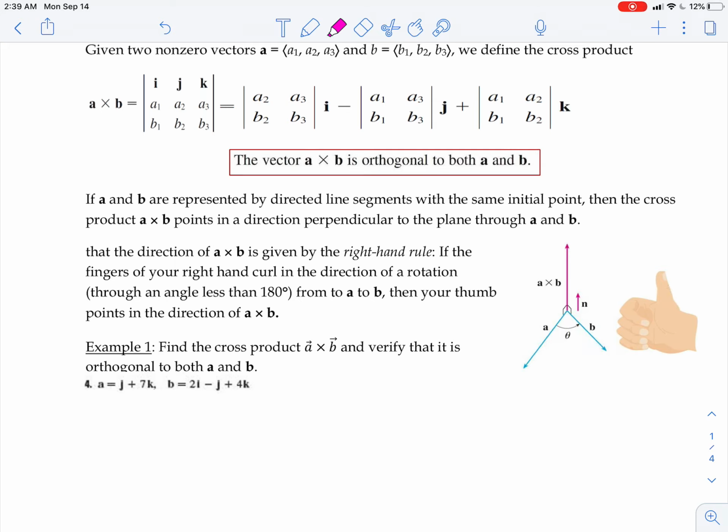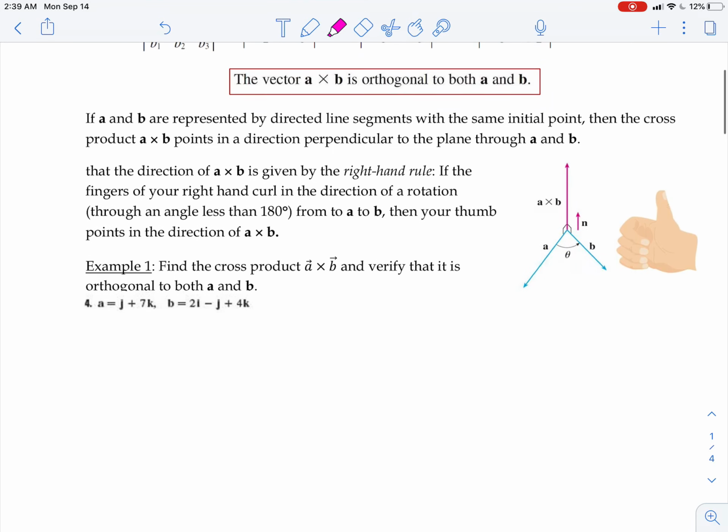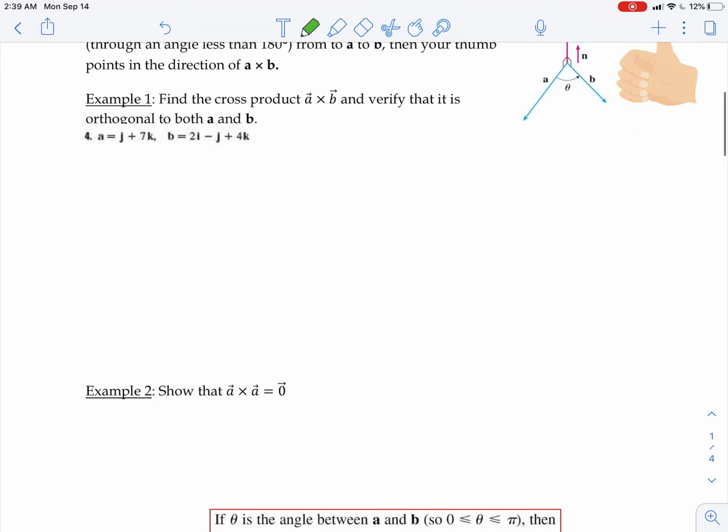If the fingers of your right hand curl in the direction of a rotation through an angle less than 180 degrees from A to B, then your thumb points in the direction of A cross B. We'll explain that, especially when we go over the second page, and I'll try to highlight that before we start on the videos.